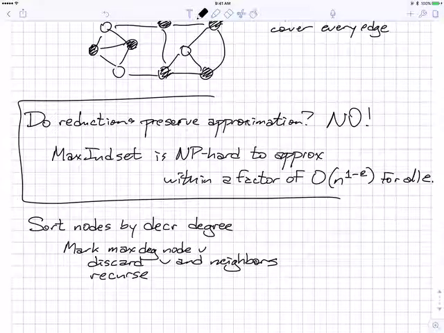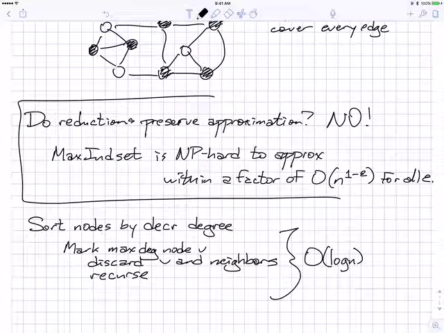I mean, this clearly runs in polynomial time. I find the largest degree node by a linear scan. I mark it, then I compute another graph that removes that node and its neighbors, and I recurse on everything else. All right, so this is a greedy thing. This is a log n approximation.